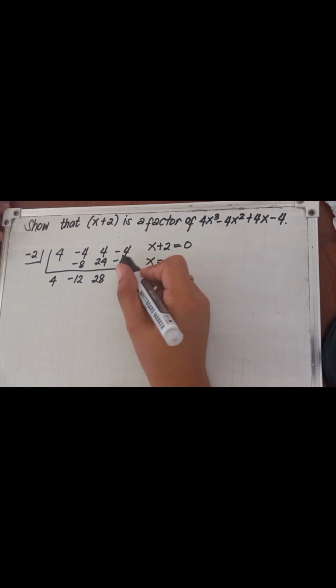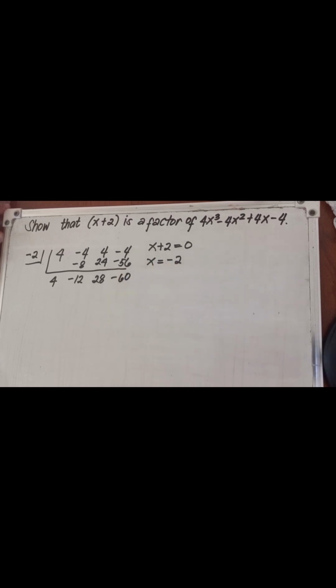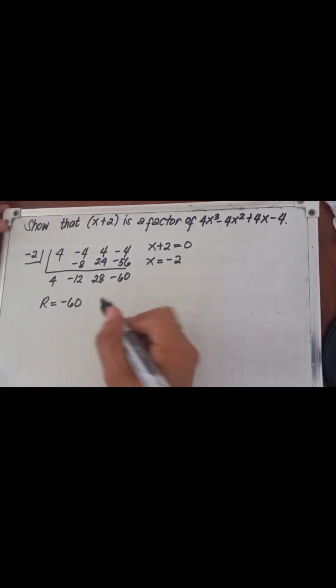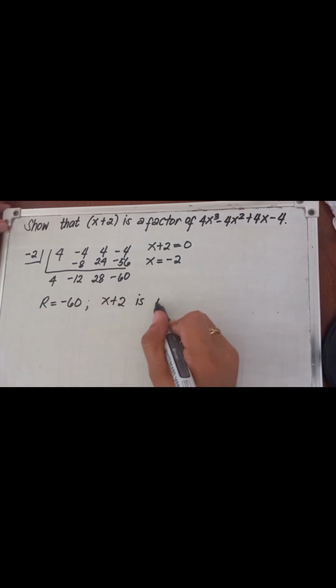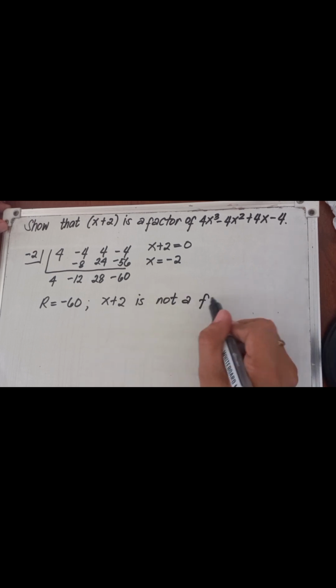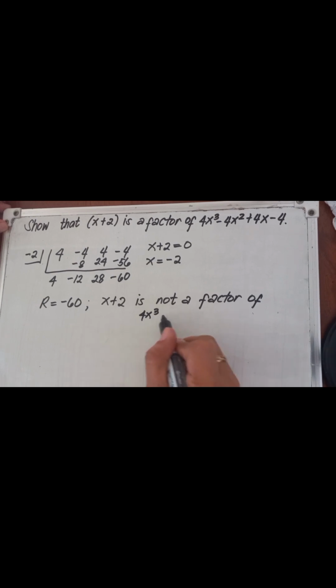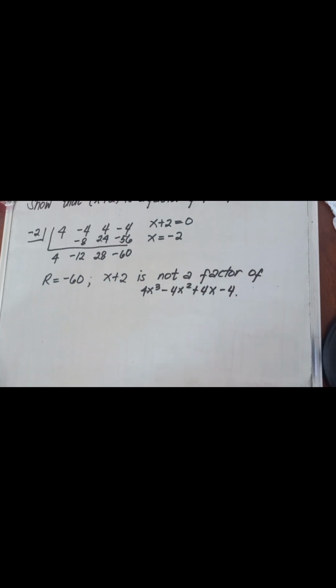Okay, then negative 4 plus negative 56, then that is negative 60. So our remainder is equal to negative 60. Therefore, x plus 2 is not a factor of 4x cubed minus 4x squared plus 4x minus 4. That is by synthetic division.